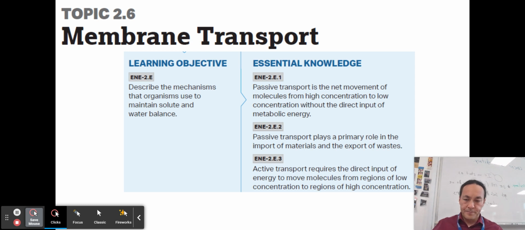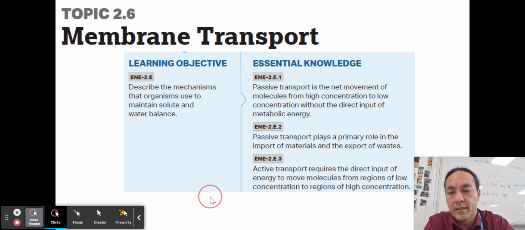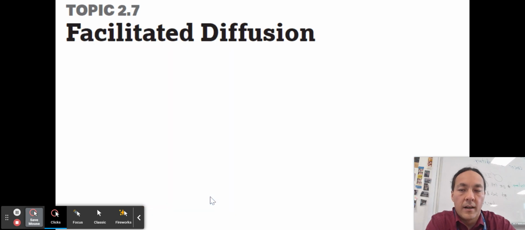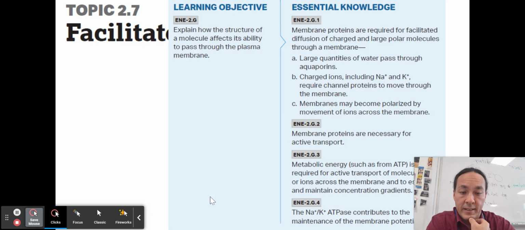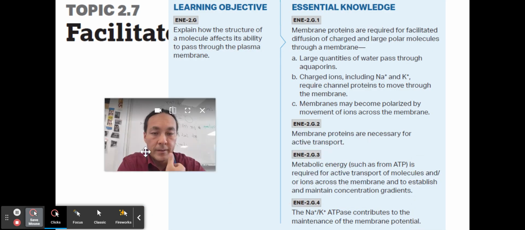So as a cell uses up materials on the inside, it would need to bring in more sugars to keep doing cellular respiration. It might need to move sodium and potassium ions in different places for action potentials, et cetera, to help maintain solute and water balance.